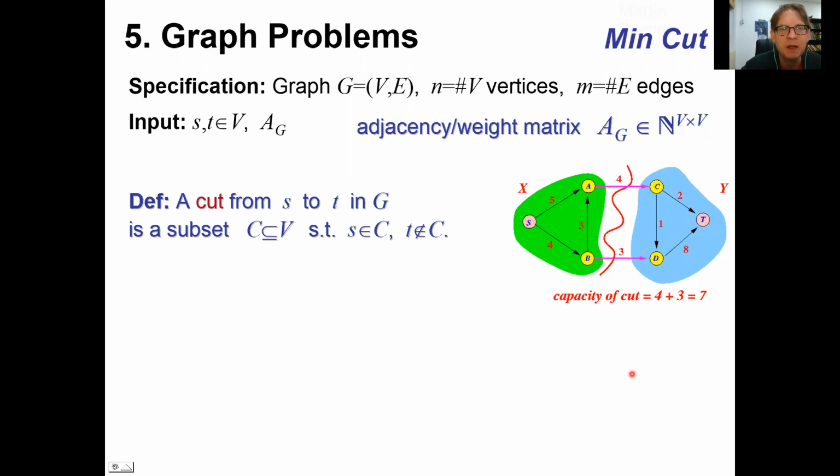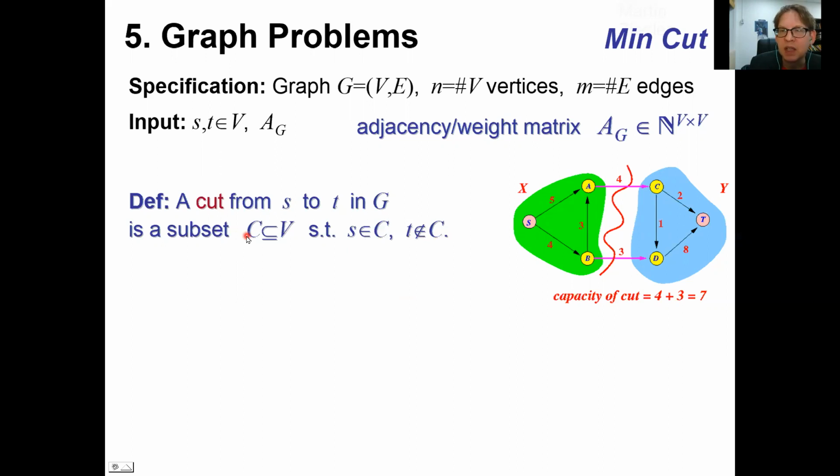So here we've defined formally a cut in the graph from source to target as a subset of the vertices, namely implicitly a partition. Those vertices that belong to the subset C must include the source vertex, and those vertices which do not belong to C constitute the other part of the partition, and this part must include the target vertex T. Particularly, T must not belong to this subset of vertices.